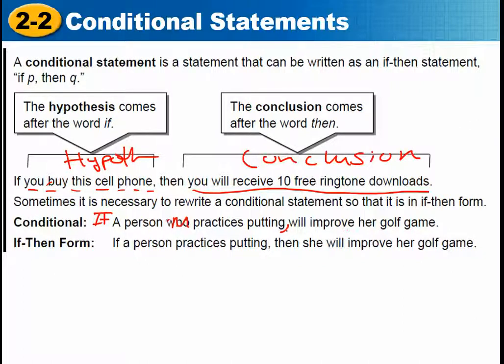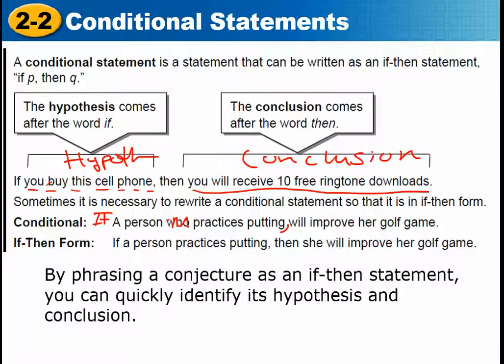Okay? So you might have to add words or take away words in order to turn it into an if-then statement, and that's okay to add or take away a couple words. So if a person practices putting, then she will improve her golf game. We had to add the if and the then, but also we have to rephrase the person or the she or the pronouns and things. Once you've written it as an if-then, then look, oh, here's the hypothesis. A person practices putting, and the conclusion is she will improve her golf game.